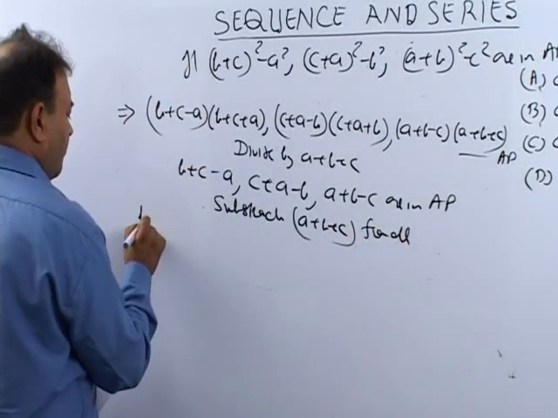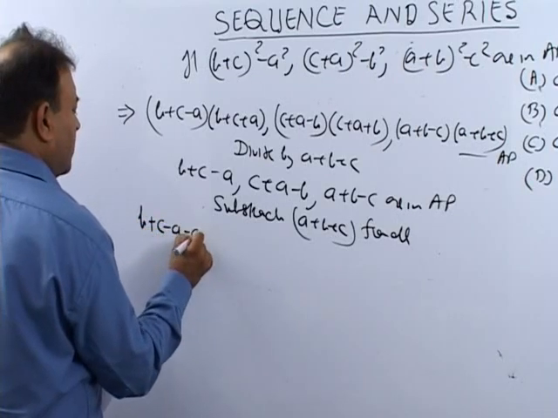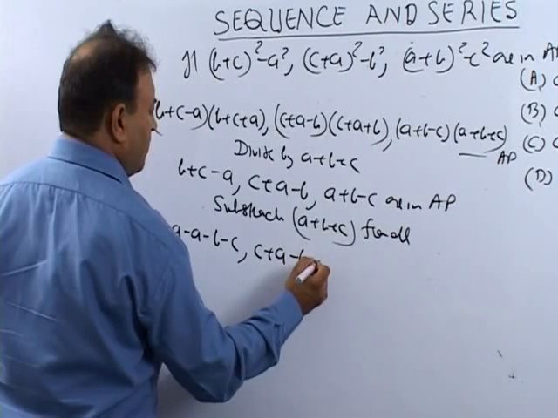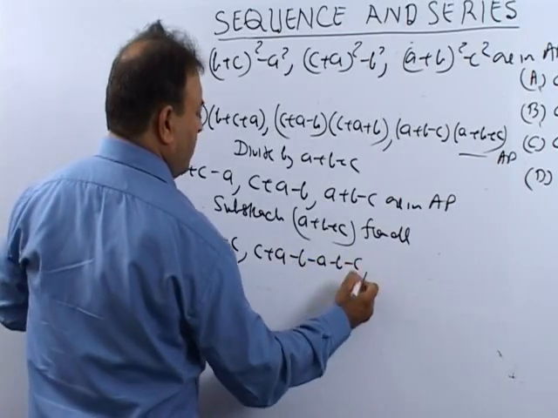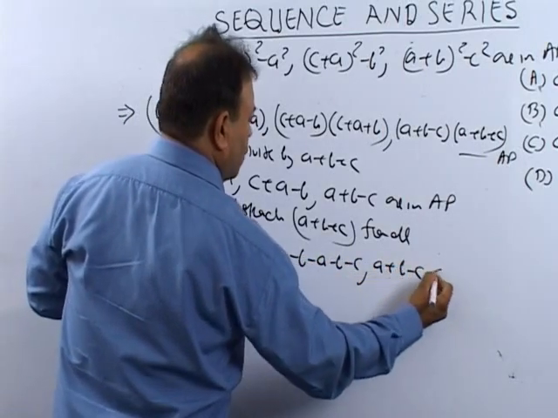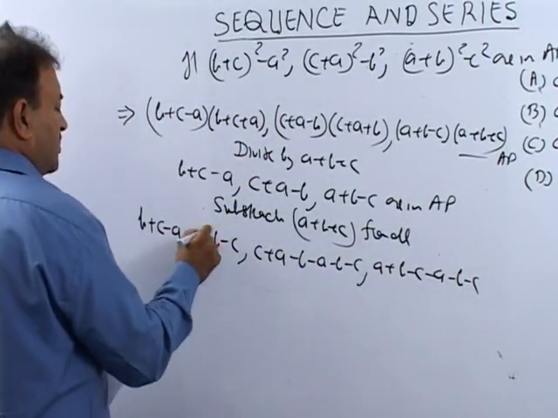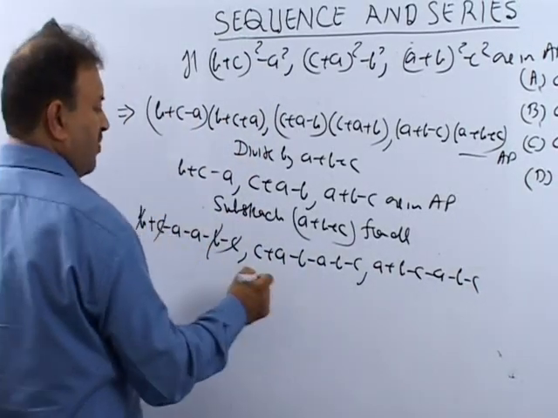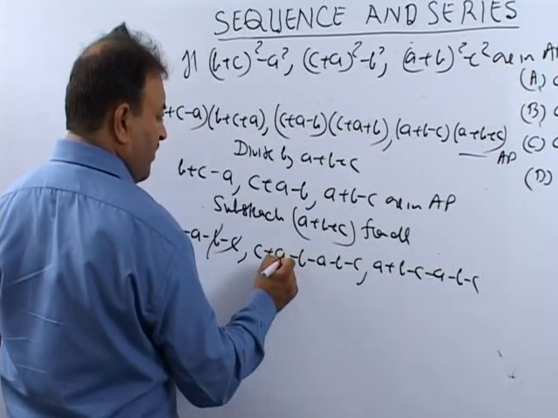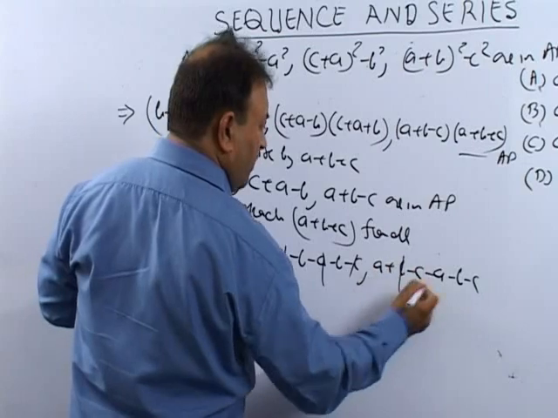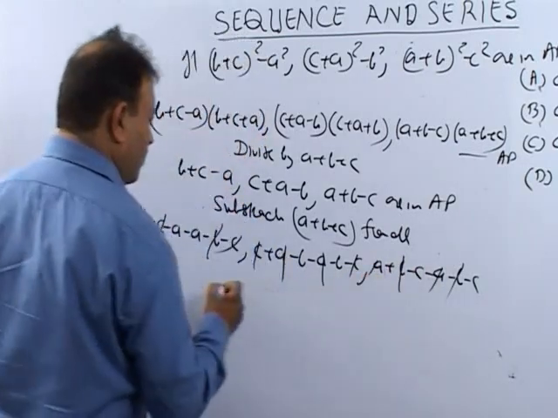We got B plus C minus A minus B minus C, C plus A minus B minus A minus B minus C, A plus B minus C minus A minus B minus C. Now we find this BC will be cancelled out, and here CA will be cancelled out, and here BB will be cancelled out, A will be cancelled out.